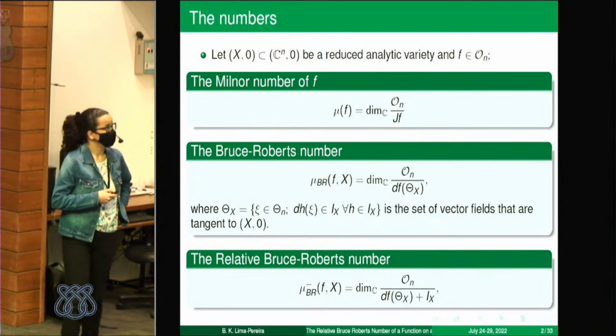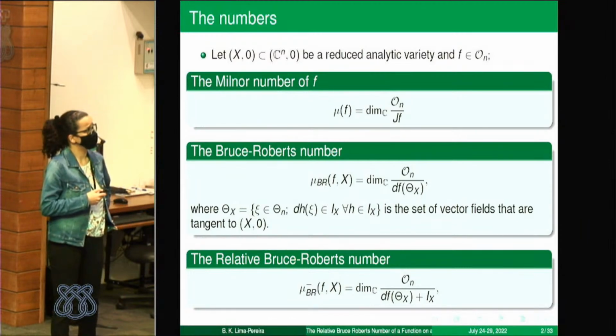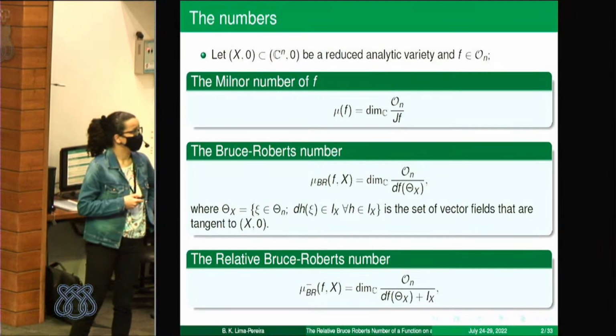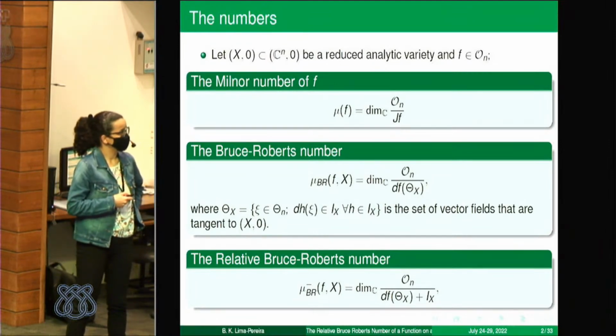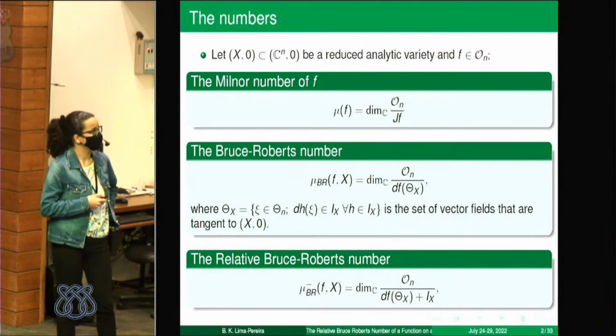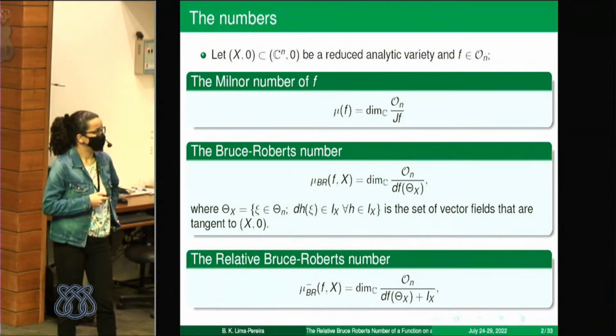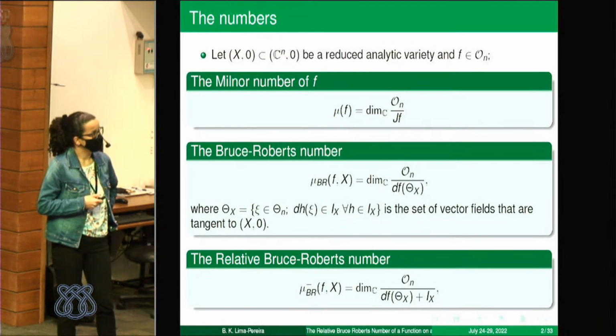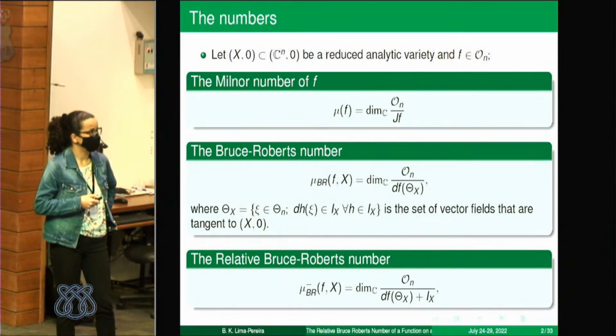Okay. And to calculate the Bruce-Roberts numbers, we consider a reduced analytic variety X, and we use the set of the vector fields that are tangent to X. So the set is the set of the elements in theta n that satisfy this condition for any function germ in this ideal Ix.